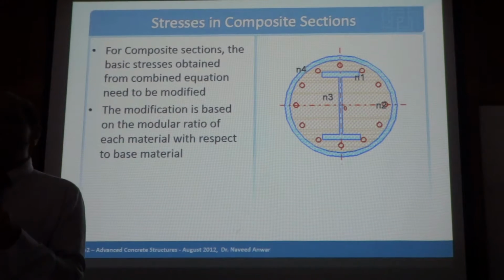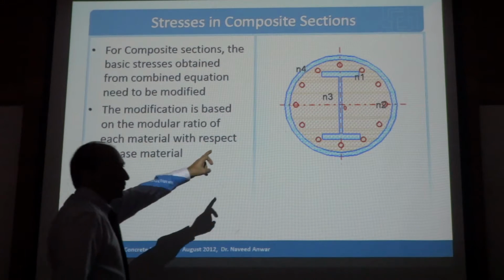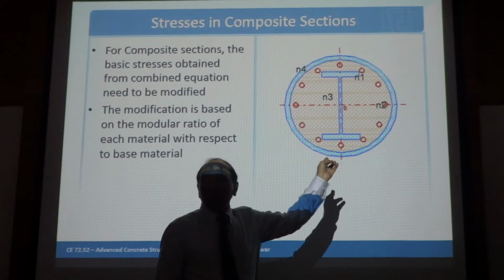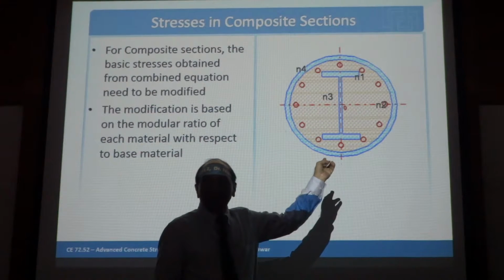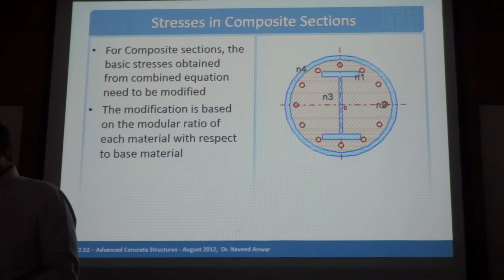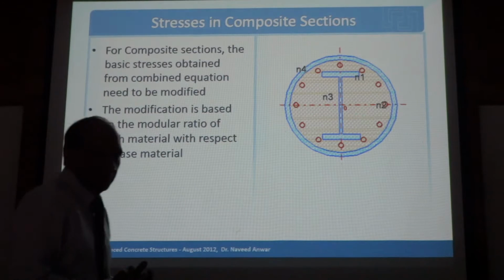So you multiply the stress at that location by 10, you get the stress in steel. So the same equation that we saw before can still be used even if you have many materials, by simply multiplying the stress that you get by the modular ratio of the material at that location, and you can estimate all the stresses everywhere. Correct? So it is still very simple.